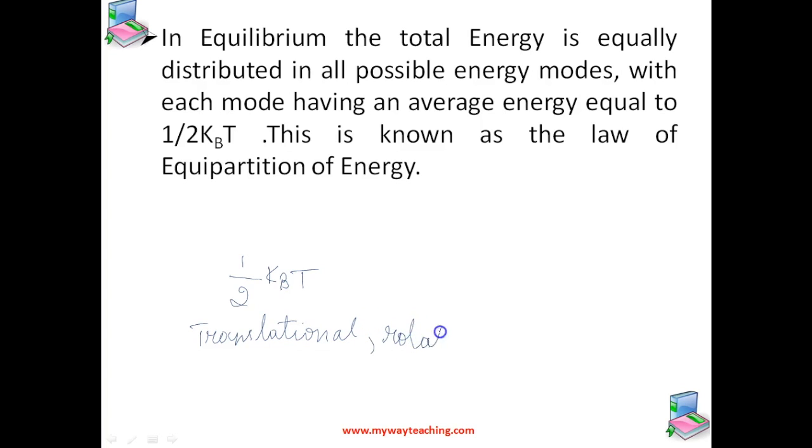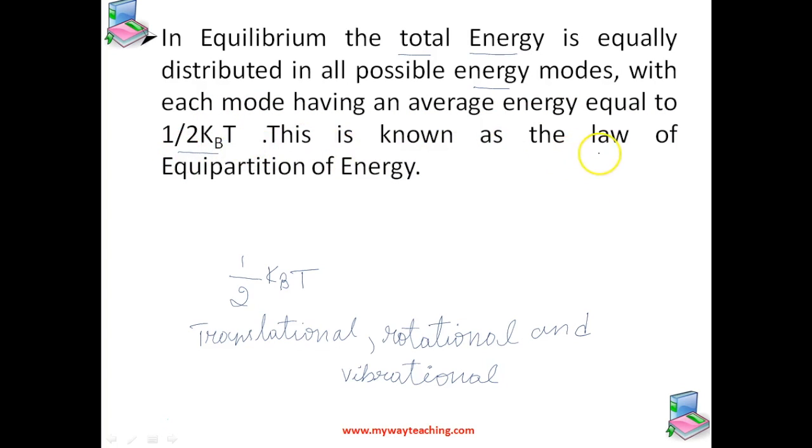That is, in equilibrium, the total energy is equally distributed in all possible energy modes, with each mode having an average energy equal to 1 by 2 kB into T.